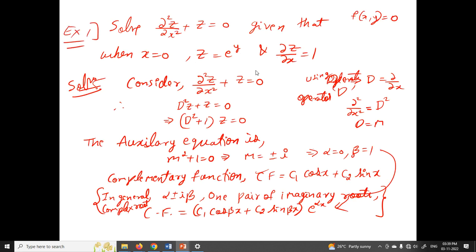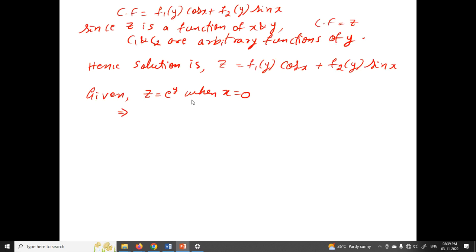Z is equal to e raised to y, x is equal to 0. Okay, then dou z upon dou x is equal to this. I am going to substitute in the equation. So considering equation 1, put x equal to 0 in equation 1. That implies e raised to y is equal to f1(y) cos 0.